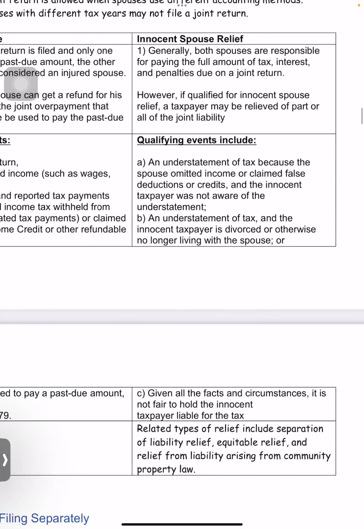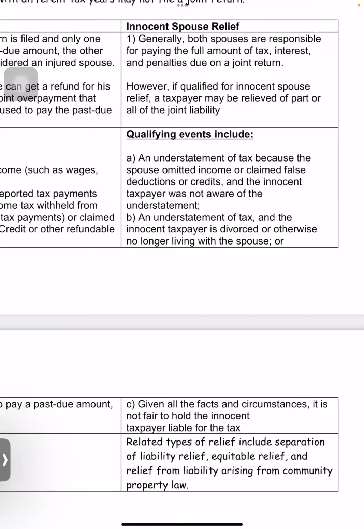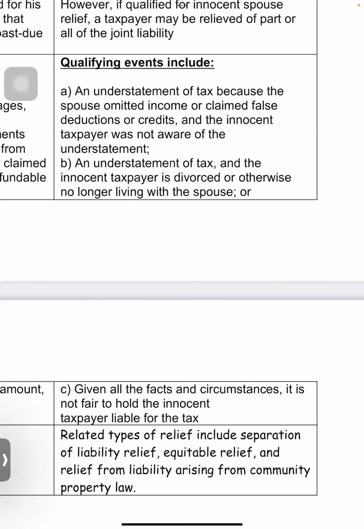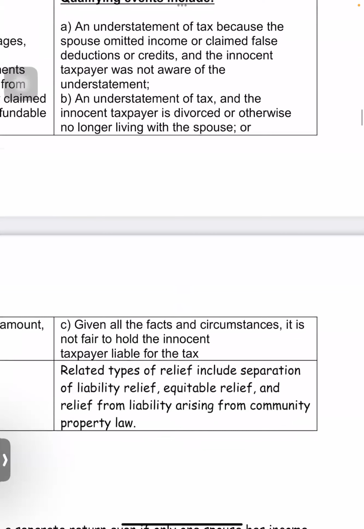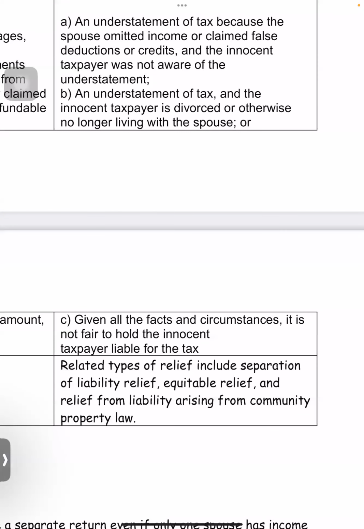Here one point is given as understatement of tax because the spouse omitted the income. Second is understatement of tax where they both are divorced and they do not live together. Or along with this, there's one more option: given all facts and circumstances, it is not fair to hold the innocent taxpayer liable for the tax.